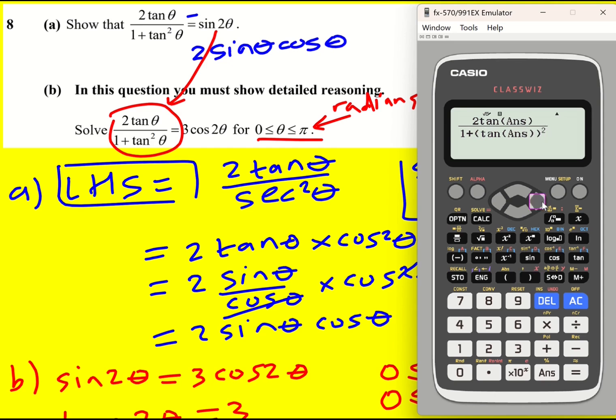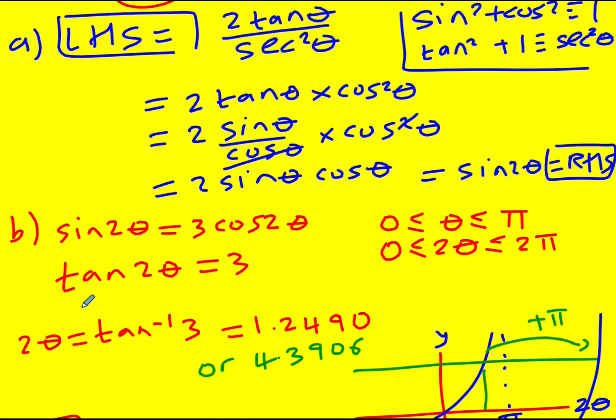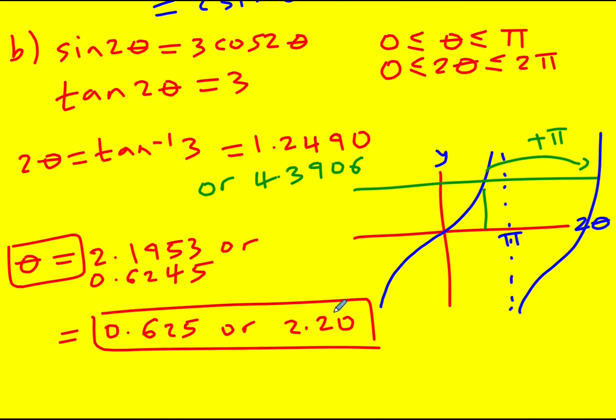And I want to see if that's equal to 3 cos 2 theta. So in fact, I'm going to minus it and see if I get 0. Okay, so if I get 0, I'll be happy here, or something close to 0. And I do. This is a really small number, so I can be confident. Well, it doesn't take too long to check. You could check the other one as well if you wanted. But we are sorted. Well done.